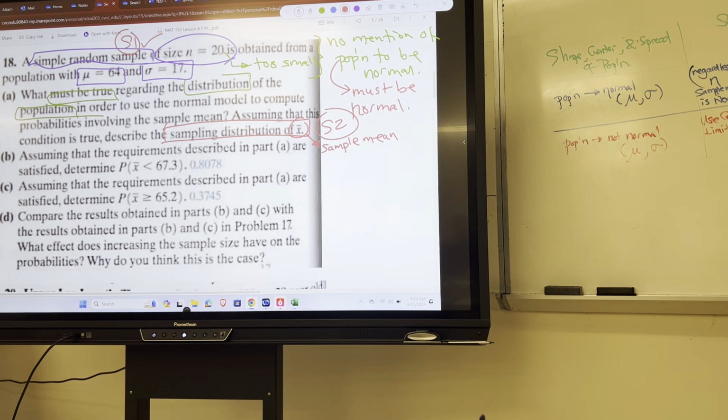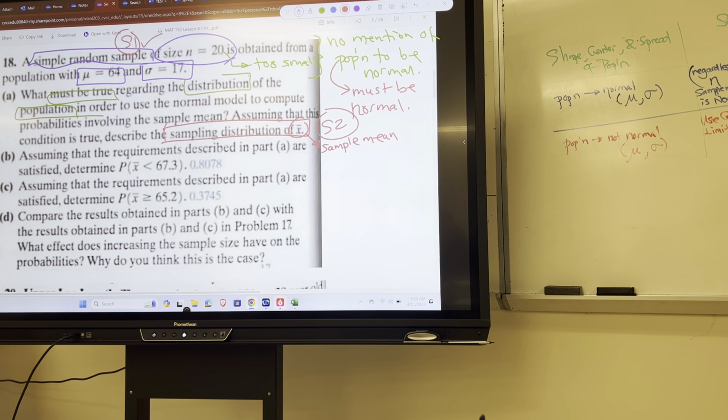Will it be normal as well? Yes. Yes, thank you. Right, once again, if the population is normal, regardless of the size of your sample, as long as you did simple random sampling, then we can say that your sample mean distribution should also be normal.